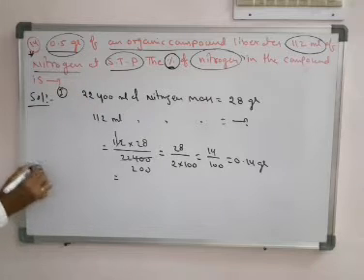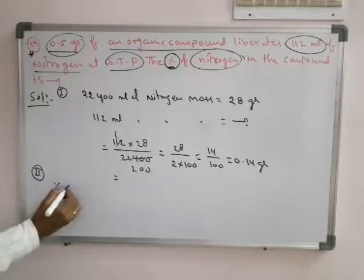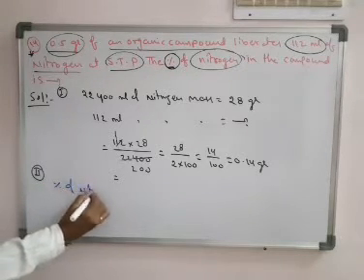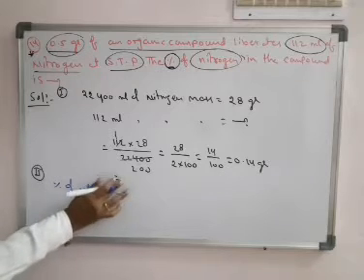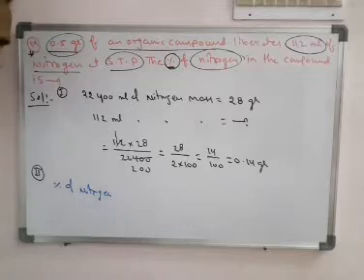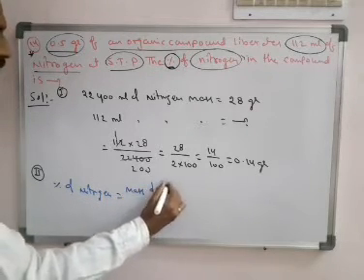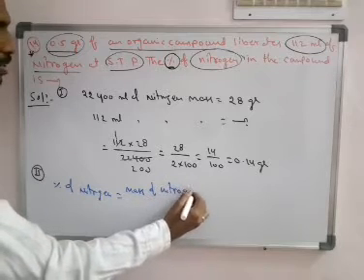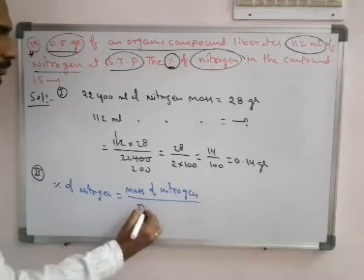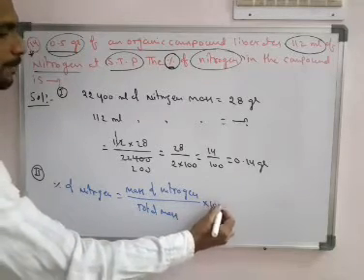Now in step 2, the percentage of nitrogen is equal to the mass of nitrogen divided by the total mass of the compound, times 100.